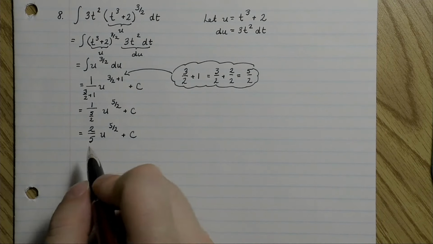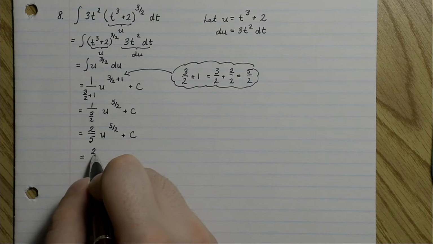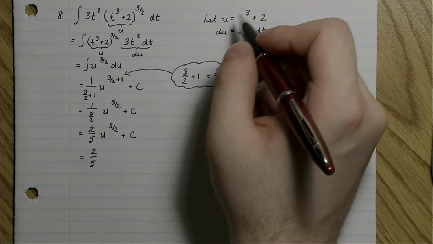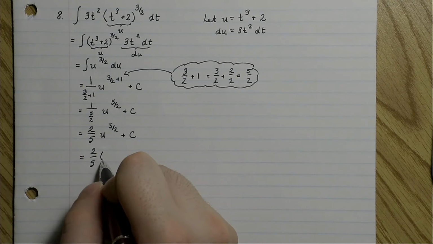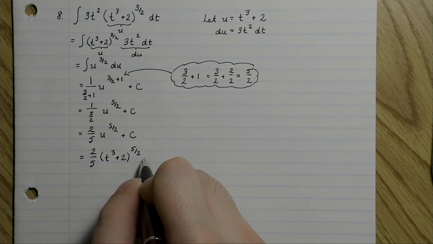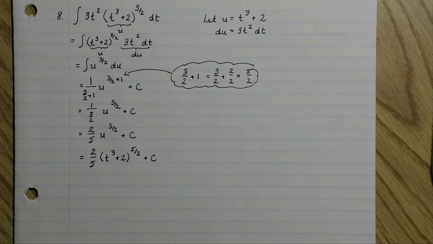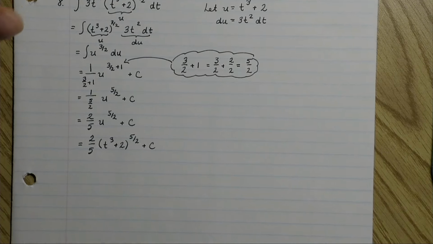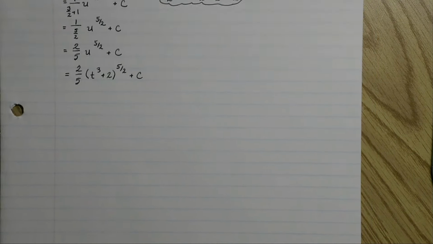I'm trying to not skip any steps, so I'm left with 2 over 5, or 2/5, and I substitute in my u. Plus c. Okay, so we're good so far. We've done 8. Let's do 9.